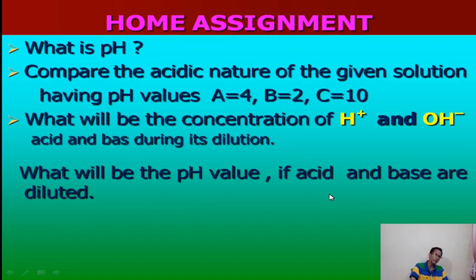What will the pH value be if the same acid or base solution is diluted? For dilution of an acid, the H plus ion concentration decreases, so pH increases. This is very important. If H plus decreases, acidic character decreases, which means pH increases.